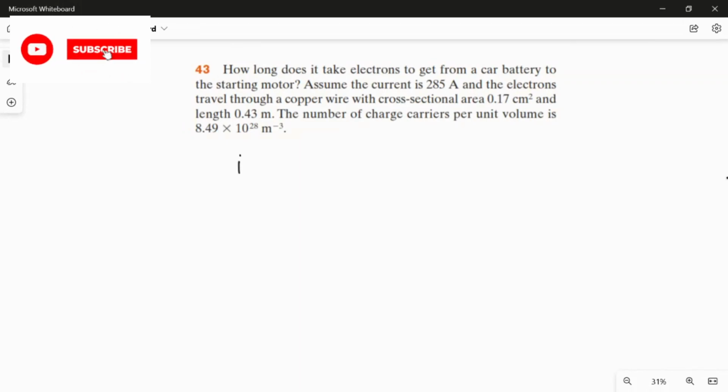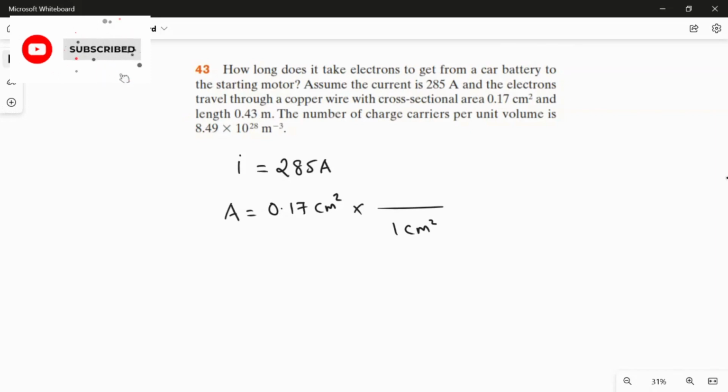The current I is equal to 285 ampere. The cross-sectional area A is equal to 0.17 centimeter square. So here I'm going to convert in terms of meter square. 1 centimeter square is equal to 10 to the power of minus 4 meter square. By that we can cancel centimeter square with centimeter square, so we will get the area in terms of meter square: 0.17 multiplied 10 power minus 4 meter square.